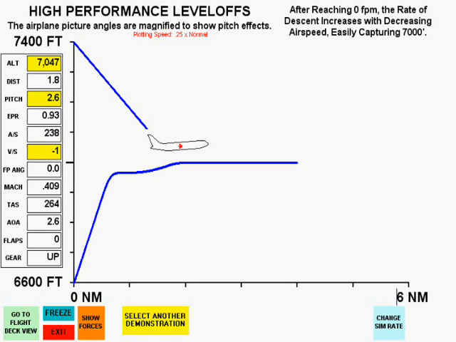And now maintaining 2.6 degrees pitch attitude, as the airspeed decreases, the vertical speed will now increase toward 7,000 feet. As before, this reduced vertical speed makes capturing of the target altitude easy.